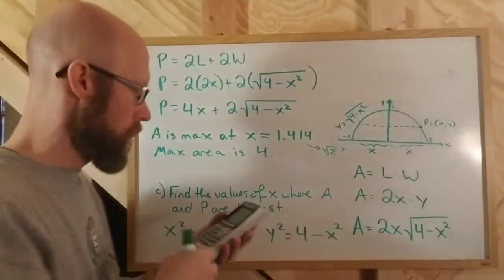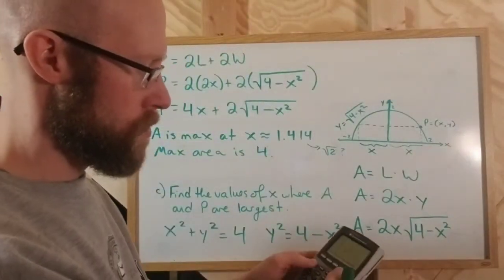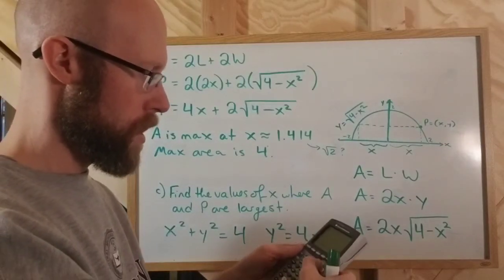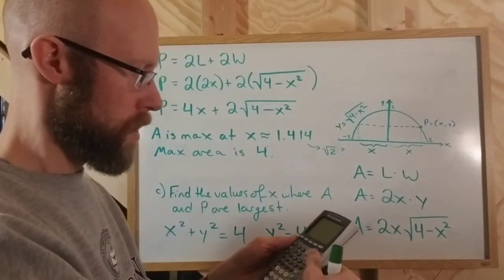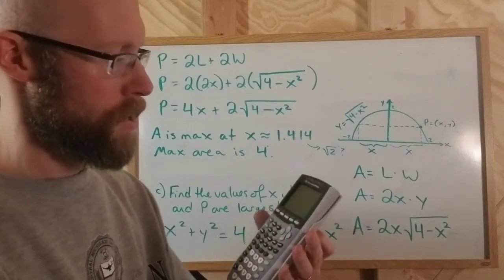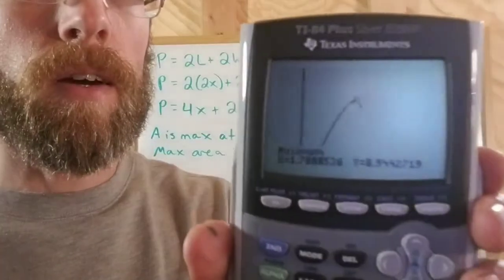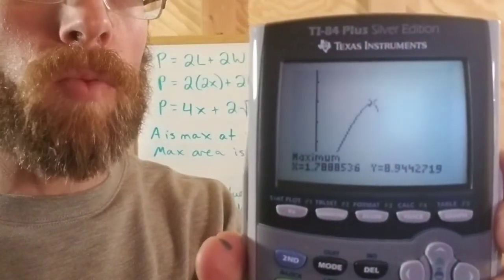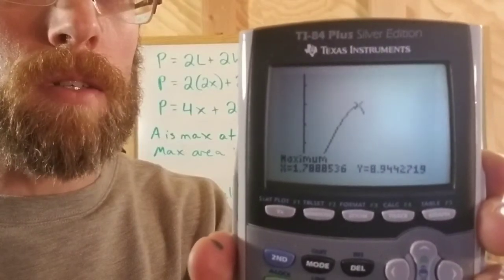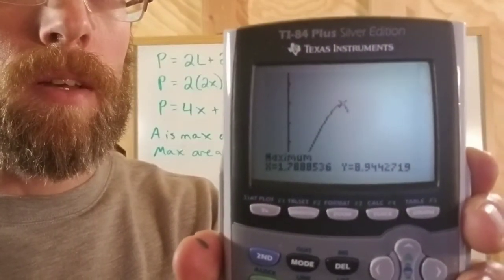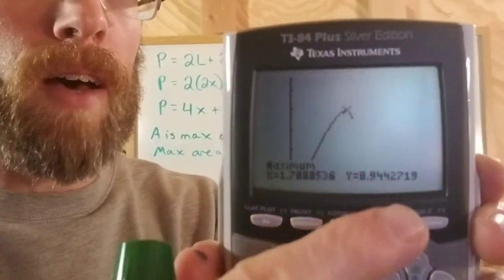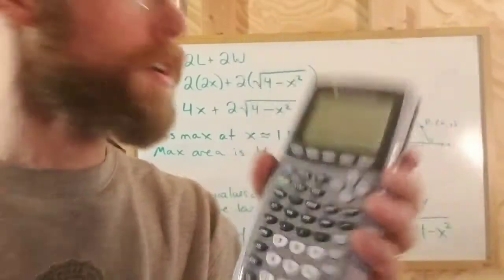Okay. So now I want to find that max. Same sort of thing, go to the calculate menu, down to maximum, give it a left bound, give it a right bound, give it a guess. All right, and there's my x and y. The x is the x position of the point that maximizes the perimeter, and the y value is the actual perimeter that's maximized.